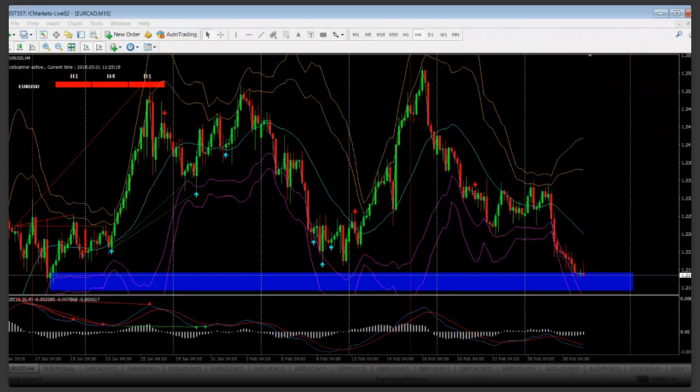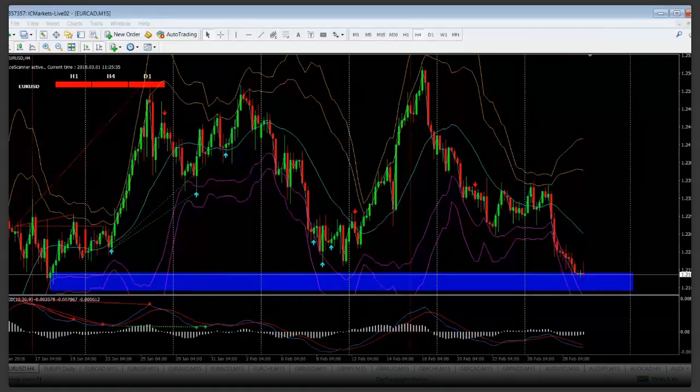Let's check the news announcements. So in 5 minutes, we have manufacturing PMI on the British pound. So we want to stay out of any trades in the British pound.